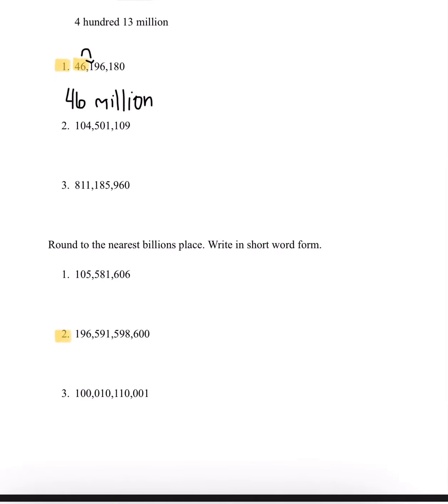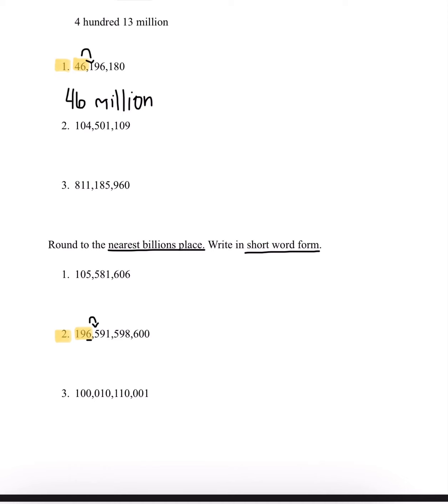Next one, it says, round to the nearest billions place. Write in short word form again. This time the nearest billions place. So number 2, we see that the billions place is right here. So the 6, we're going to look at the number behind 6, which is a 5.